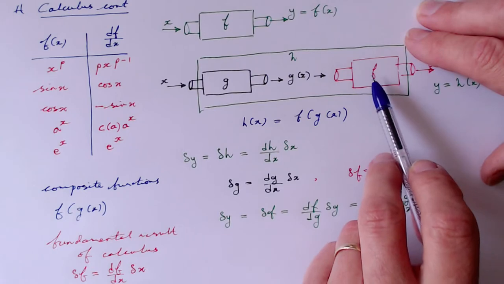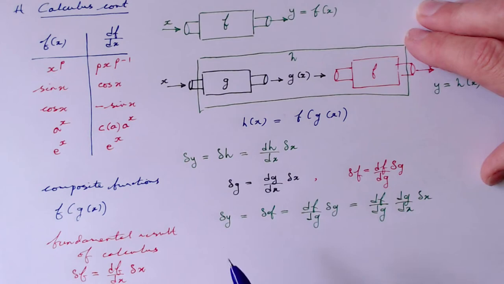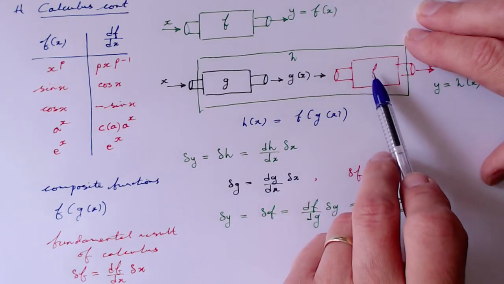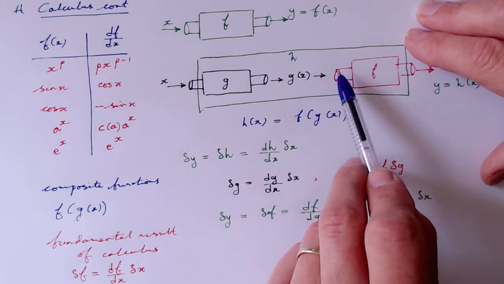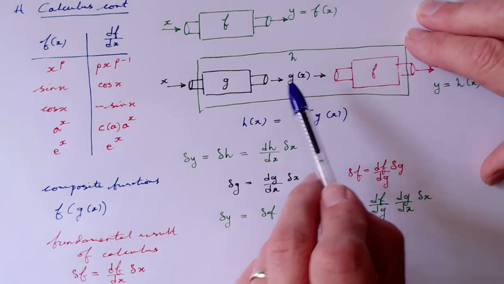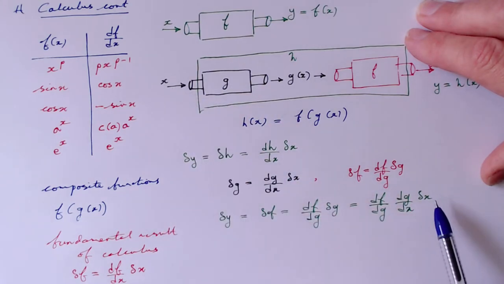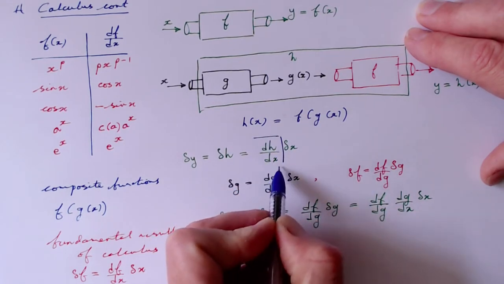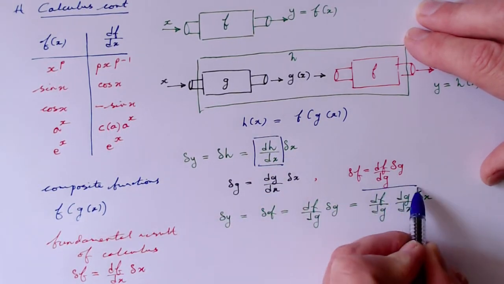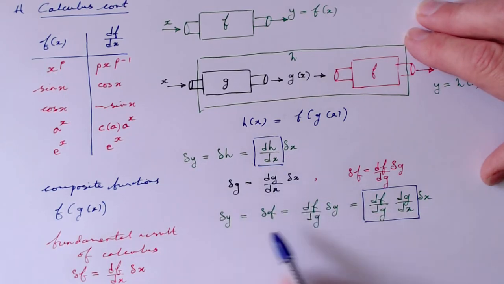And then looking in more detail inside that green box at the two functions making up the composite function, the change in the output is the derivative of the first function, or the outer function, sorry, with respect to what comes into it, g, times the derivative of that internal function g with respect to its input. So we can equate this derivative with this expression here, because they are the things that relate delta y to delta x.